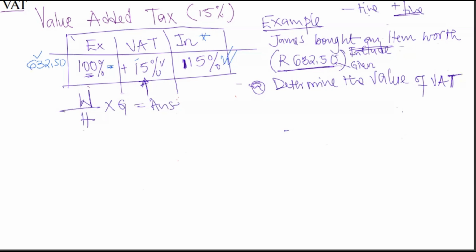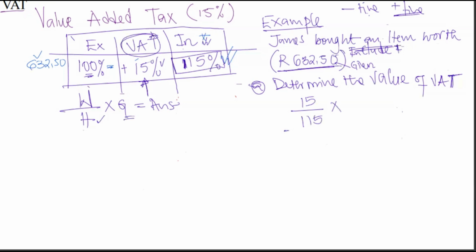And what I have is including. So what I want is the value of VAT. I need VAT. So what I want is 15, over what I have. What do I have in this box? I have the including part of it, so I'll take 115. Now times what is given.